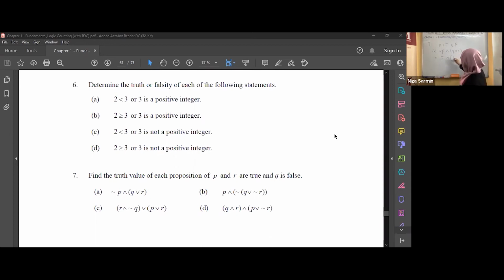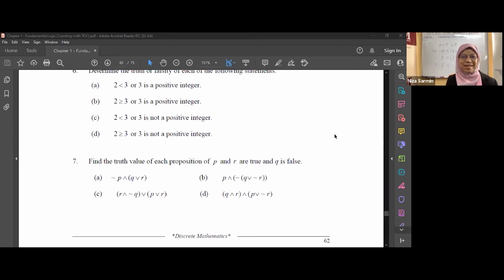Q is false. R is true. So this is false or true, which is true. And false and true is false. It's too easy. Go to the next question.